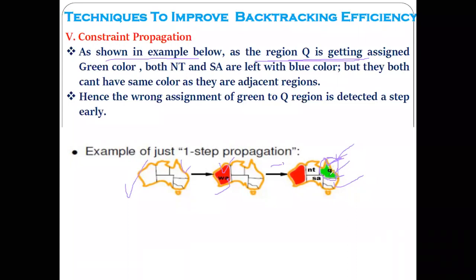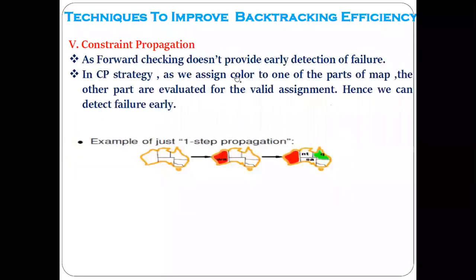While assigning the green color to this region, what evaluation do you do? What I told you, see here. When we assign color to one part of the map or the graph, other parts are evaluated for what?